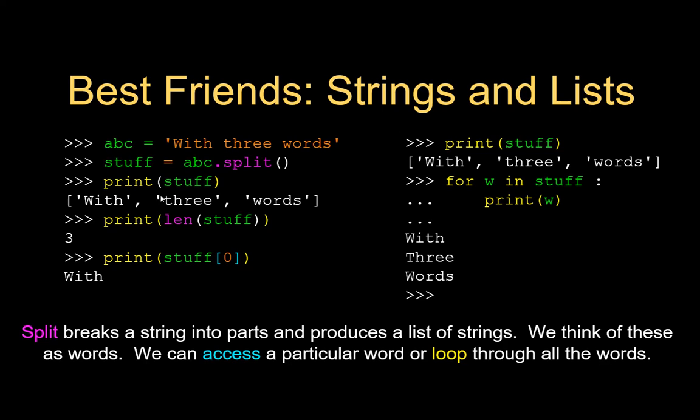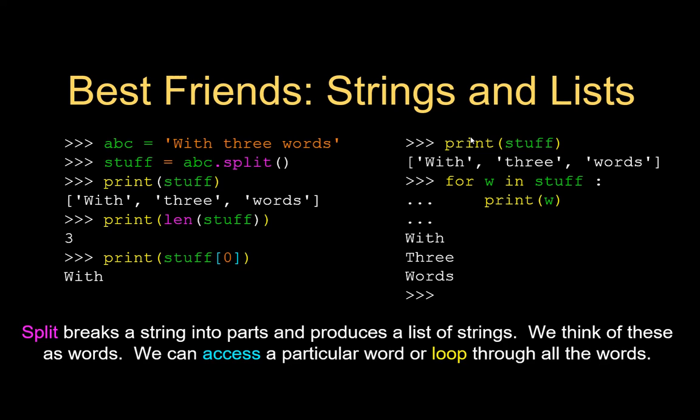The length of this list is of course 3, and if we want to take the first member, the first value of it is going to be with. It's important to notice that, no, actually, I'm going ahead of myself. We get to that.